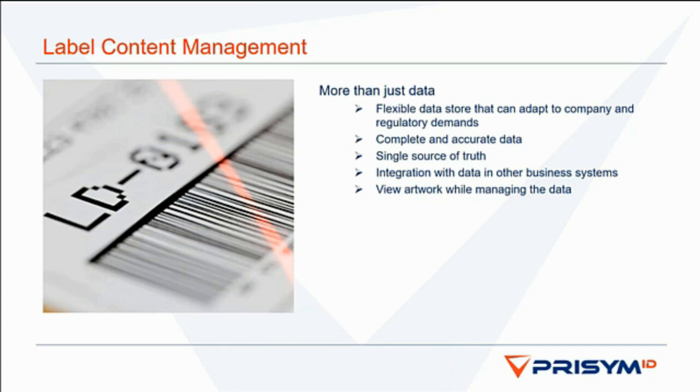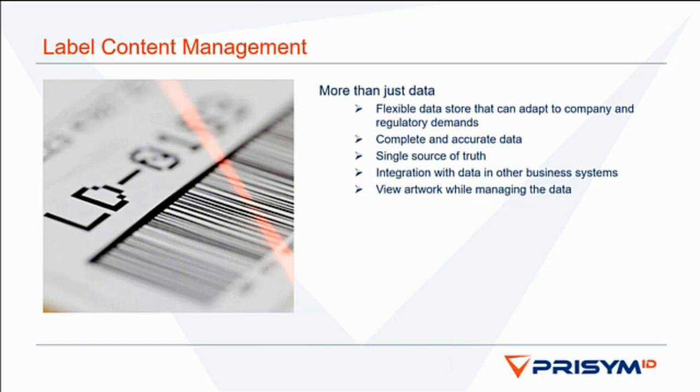One of the things which is often overlooked is how easy it is to make changes to the data, particularly when those changes impact a large number or even all of your products. Just being able to identify what the impact of a change is in some systems can be very complex.